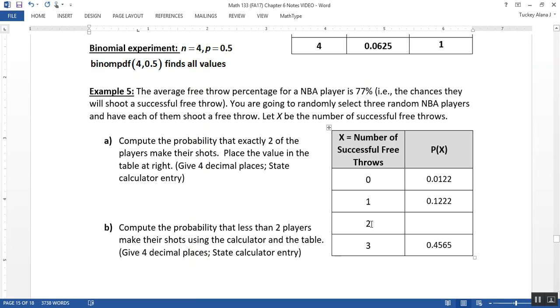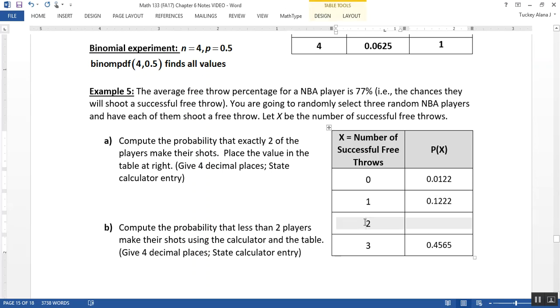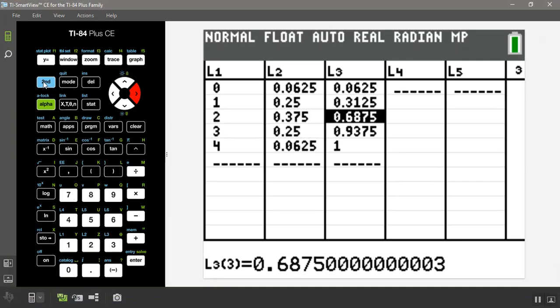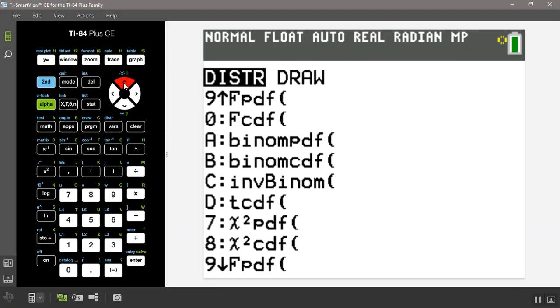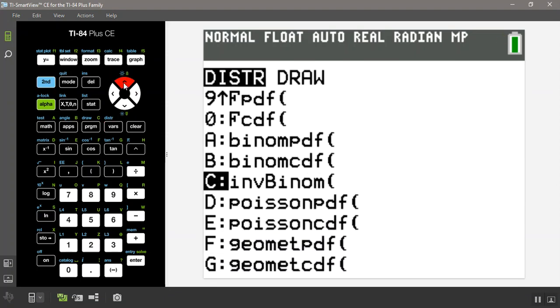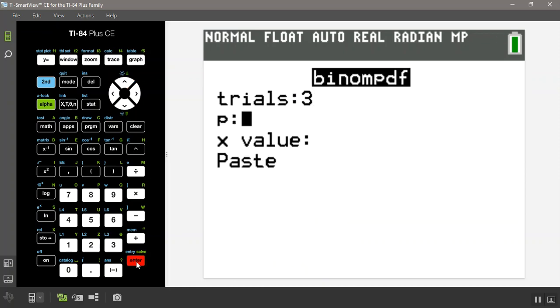If I wanted to find that middle probability right there, I would just take binomial PDF. Let me get out of here, quit. So binomial PDF, which is letter A. I have 3 trials, so I have 3 players.